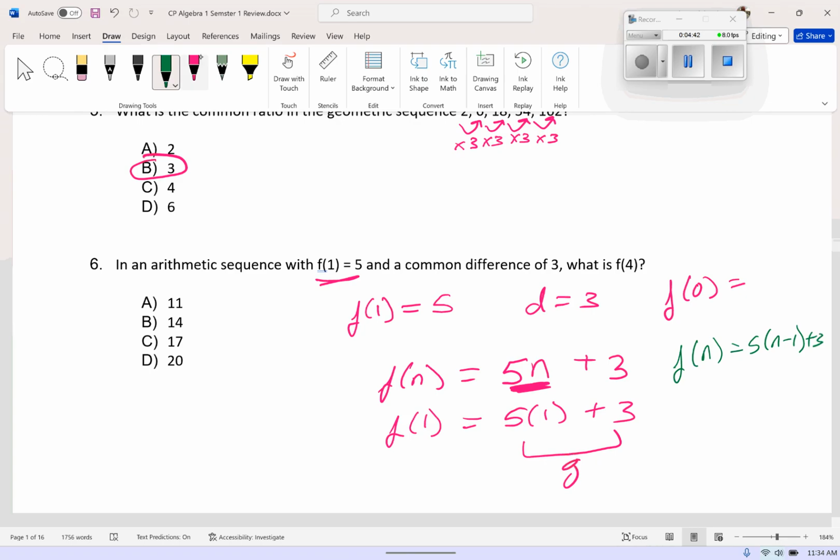What that's going to do is allow me to verify my answer. If I did f of 1, meaning I'm going to plug 1 in, I'm going to get 5 times 1 minus 1 plus 3, which is 5 times 0 plus 3. Oh, that's still not going to work. What else do we have to do? Anybody remember?